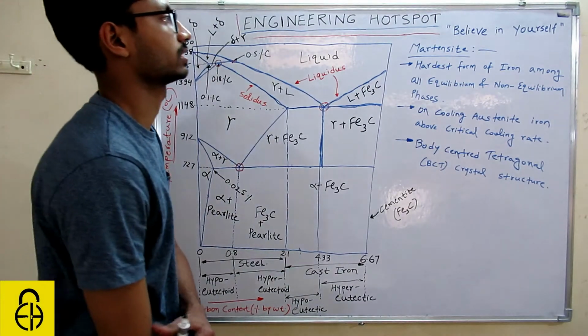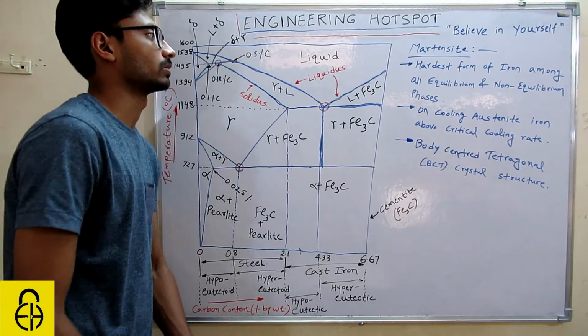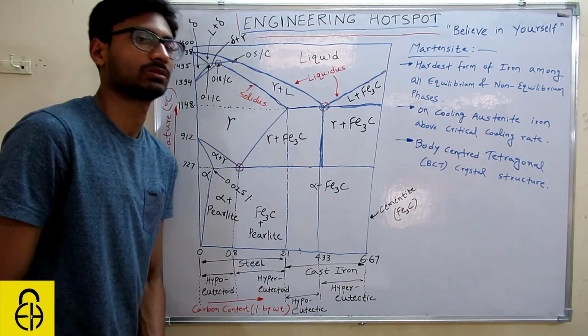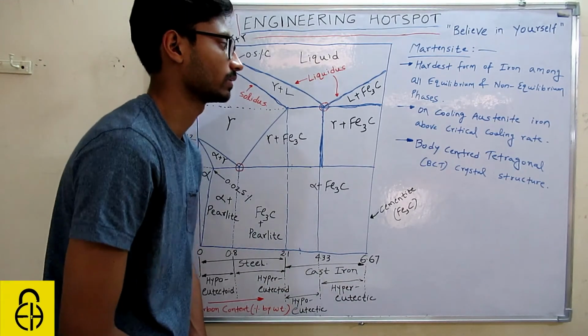This is about the martensite, okay? If you want to know what is body centered tetragonal, please mention us in the comment box. We will make a video on that also.